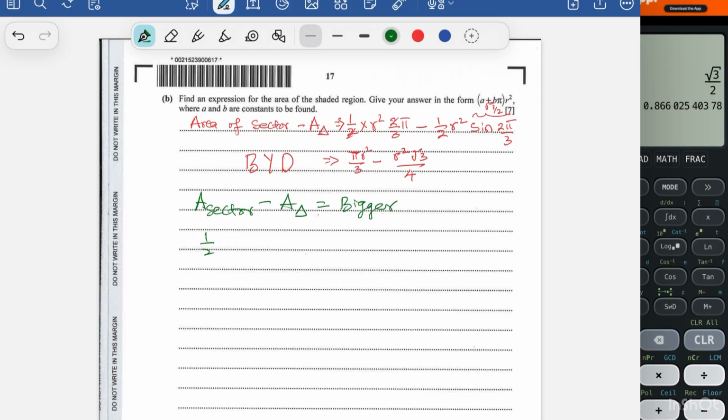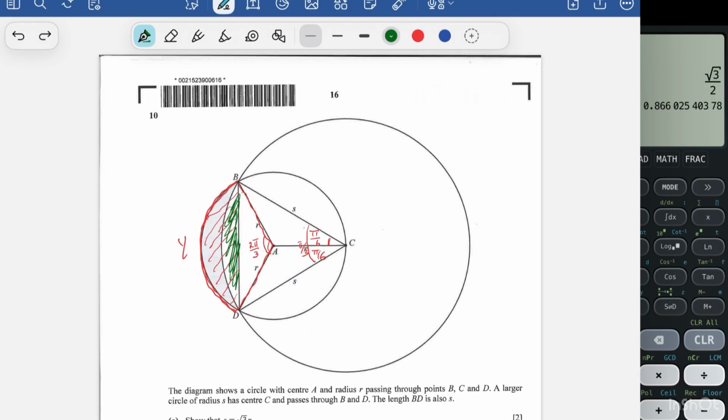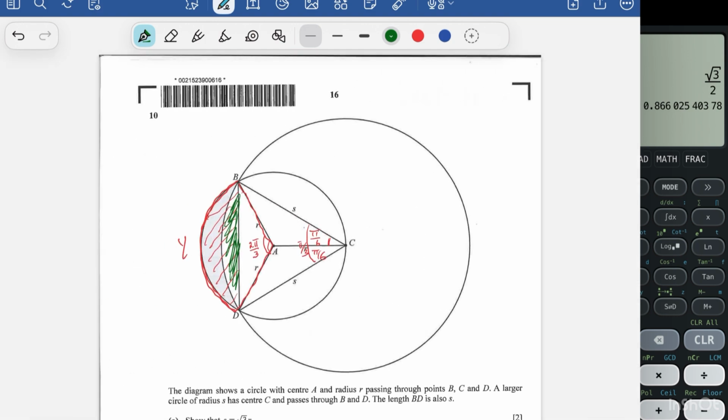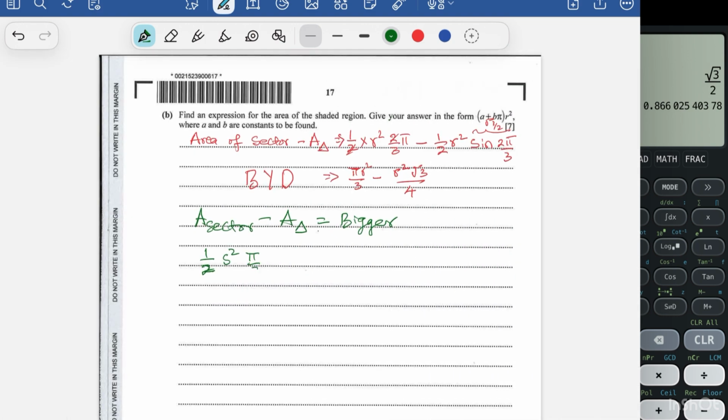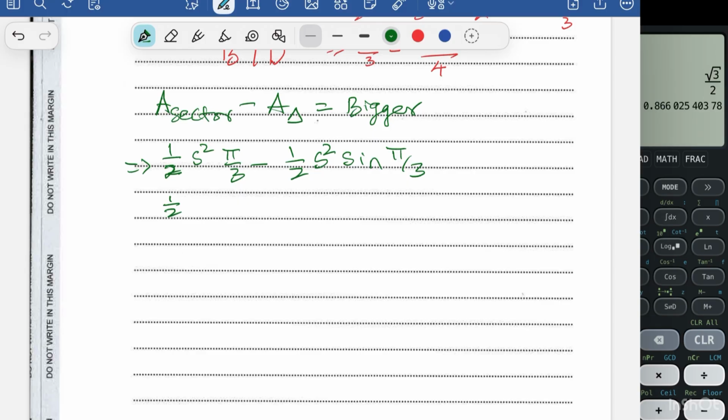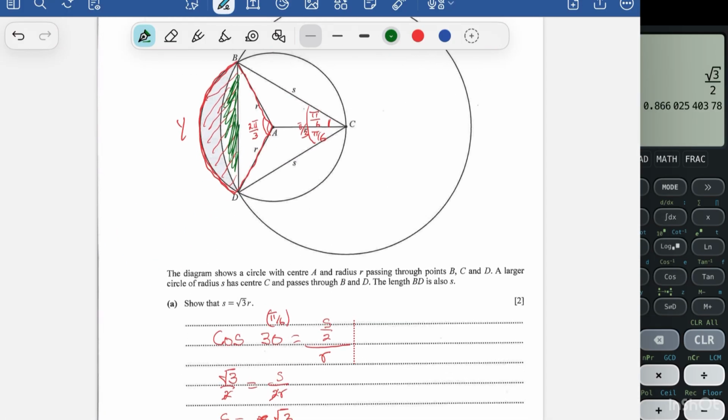So area of sector minus area of triangle. Okay, this is for the bigger one. So 1 over 2 s squared, let me just use s squared for now. Theta is pi by 3. Minus 1 over 2 s times s, so s squared, 1 over 2 ab sine pi by 3. S was r root 3.